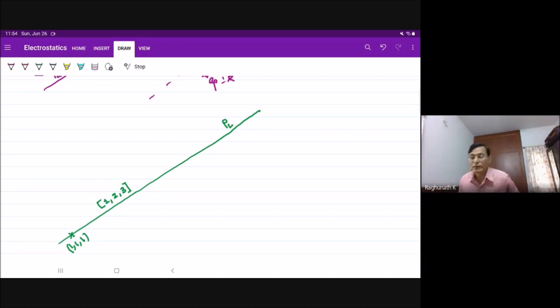Ultimately, I will give a number to this rho L, so many microcoulomb, coulomb, nanocoulomb for the sake of problem, per meter.